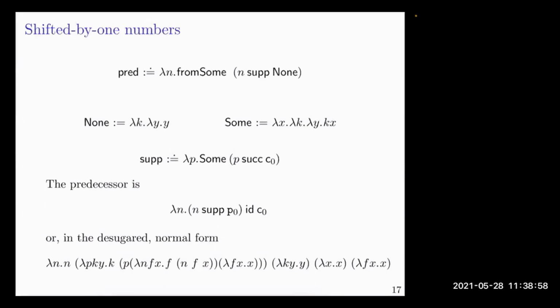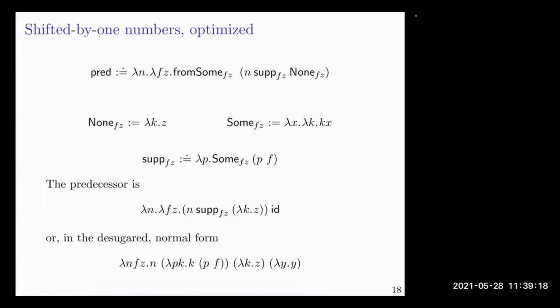In the unoptimized version, none takes a continuation and takes this y, which is the exception, so to speak, to raise. And here it's none of z. This is the more optimized encoding of the exceptions.